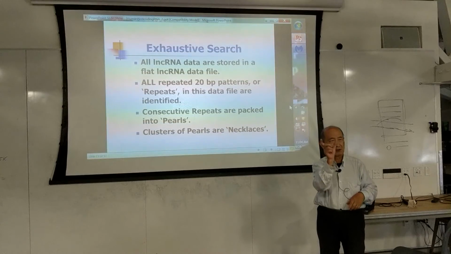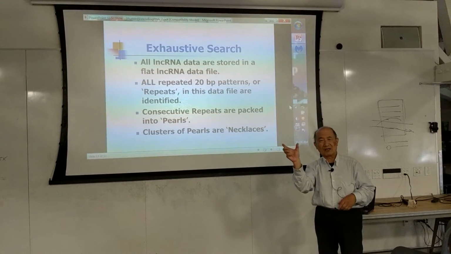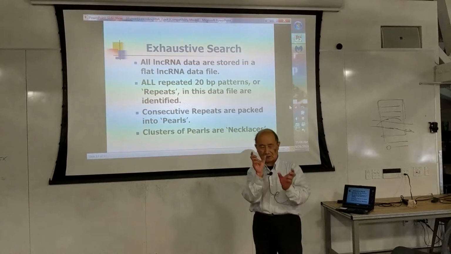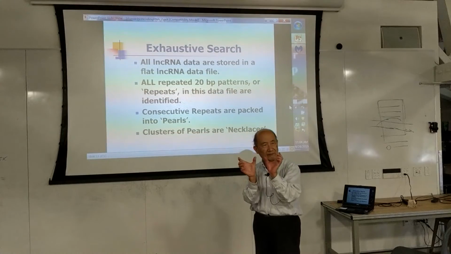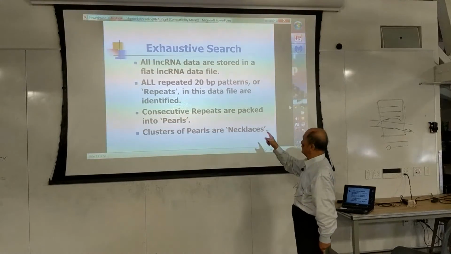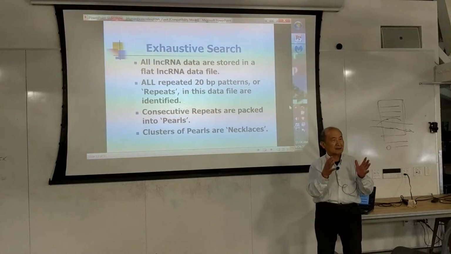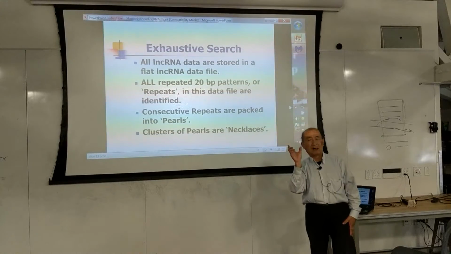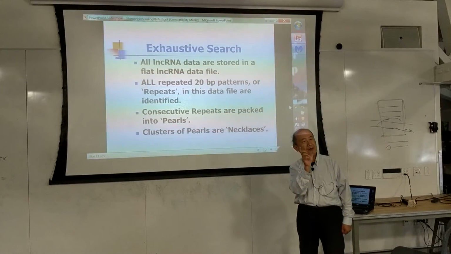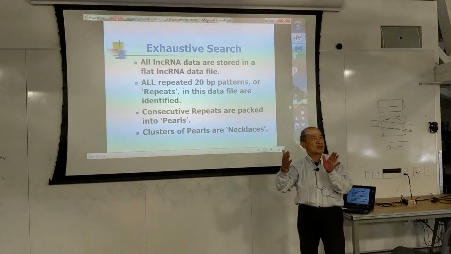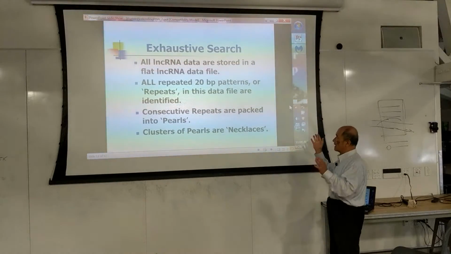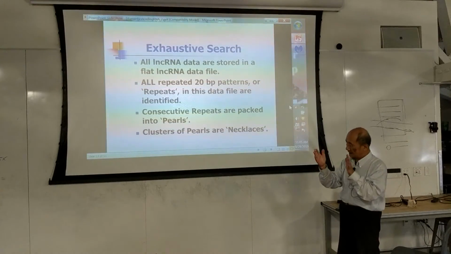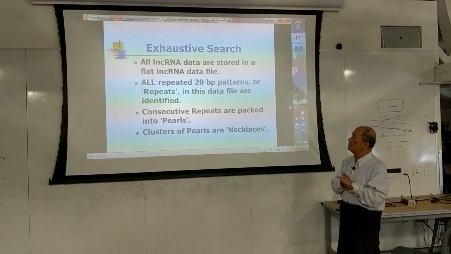If I have a sequence of consecutive repeats, they belong to the same thing, and they are compacted into variable length data. These data are called pairs, and a cluster of pairs is a necklace.